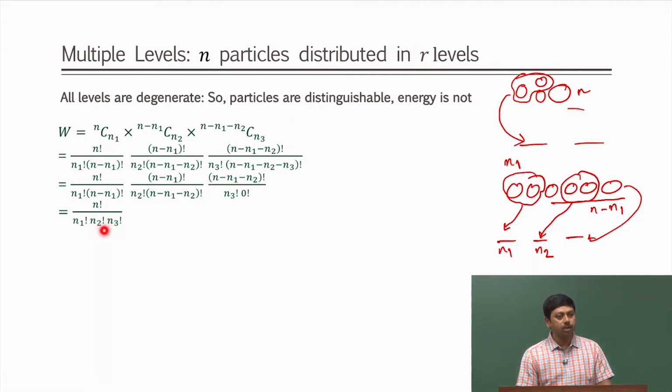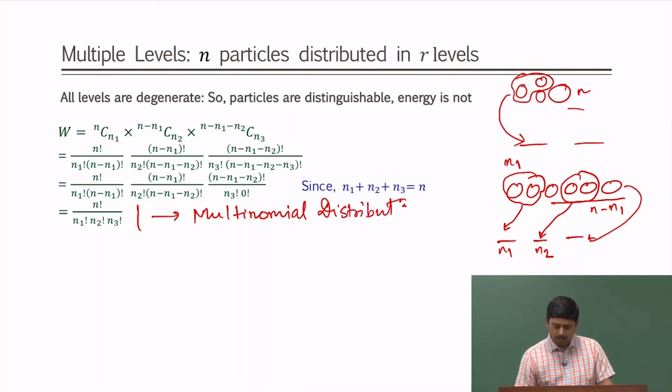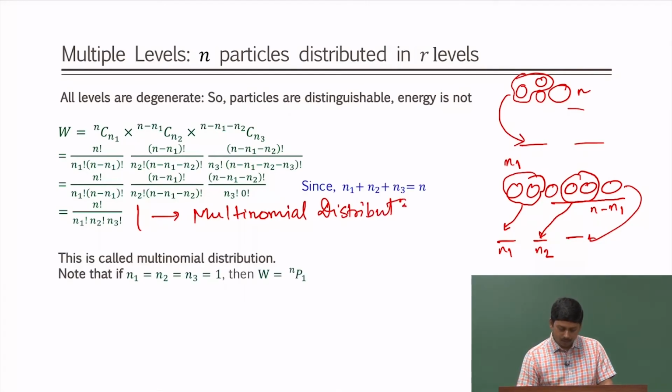Remember, we are only talking about a 3 level system, and with multiple levels, this is called multinomial distribution. Bi means 2, multi means more than 2. Okay, this is the condition. I have written that here.